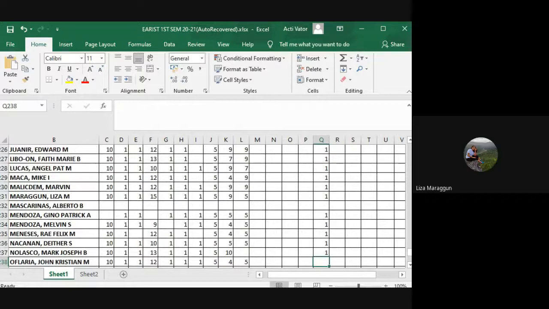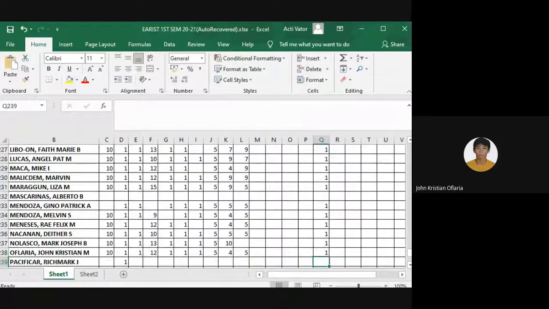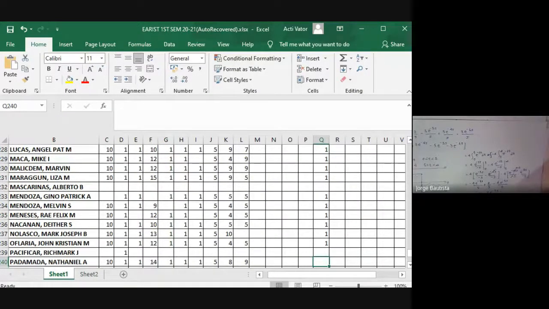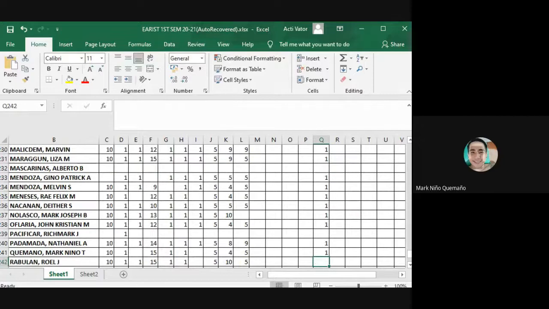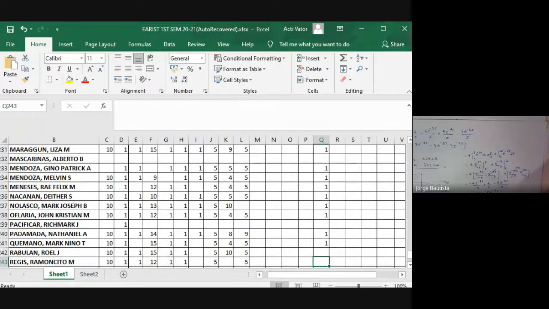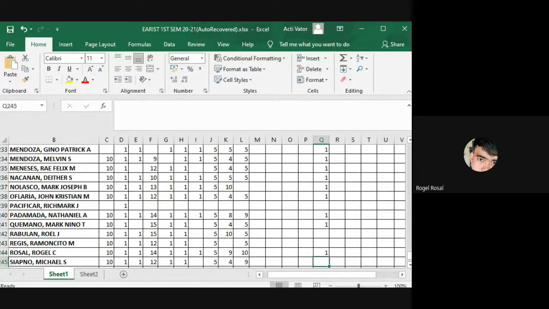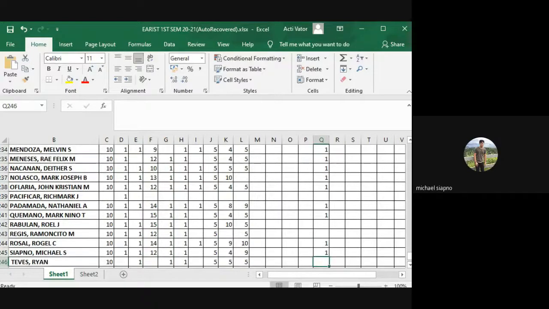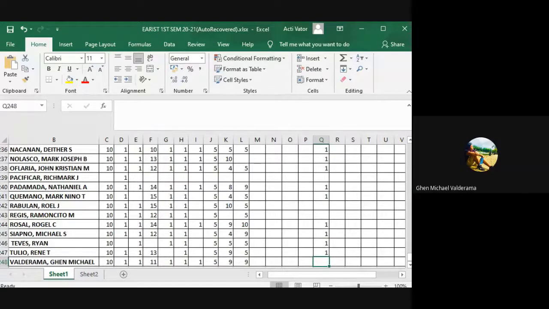Wala daw po siyang mic. Laria, sir. Present. Padamada. Present po, sir. Kimanyo. Present, sir. Rabulan. Regis. Rosal. Present, sir. Takno. Present, sir. Tebes. Present, sir. Julio. Present, sir. Valderrama. Present, sir. Present po.